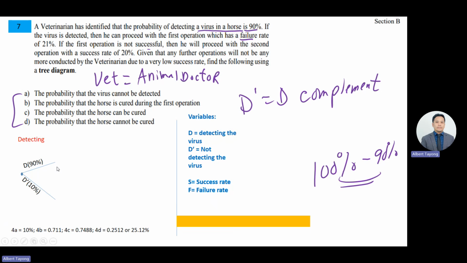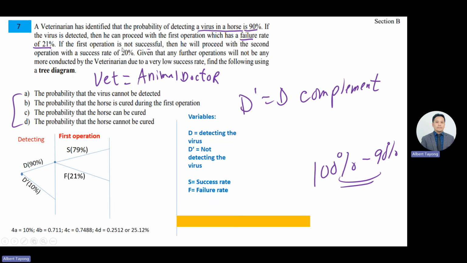So we'll continue on this line, because it's mentioned if the virus is detected. We have 79% as the success rate because the failure rate is 21%. 100 minus 21 is 79. So that is for the first operation.